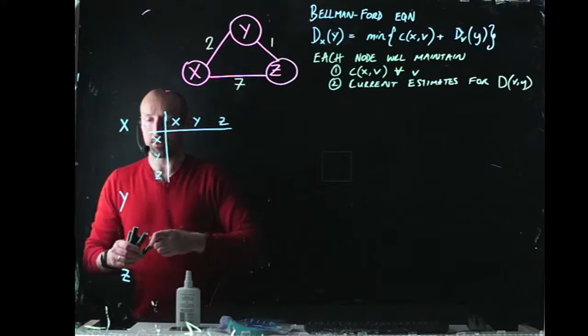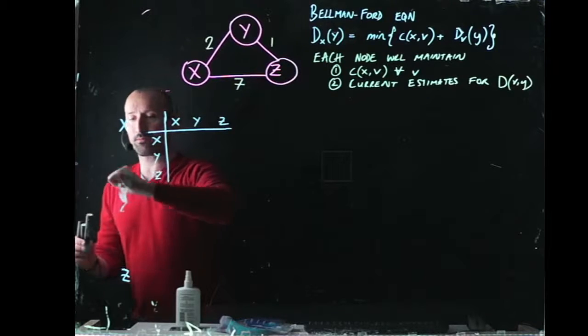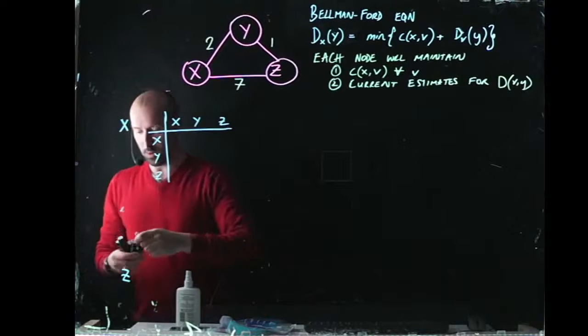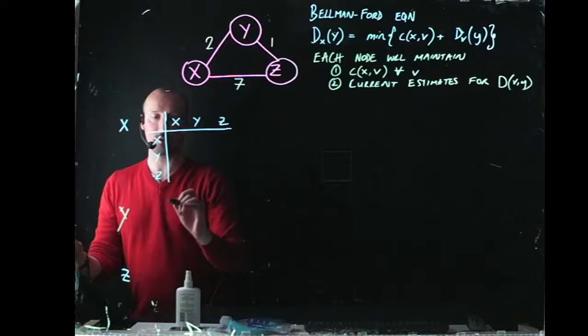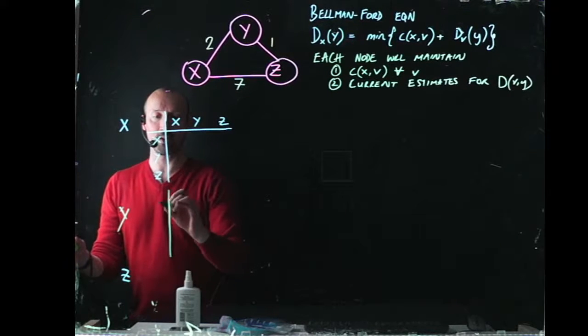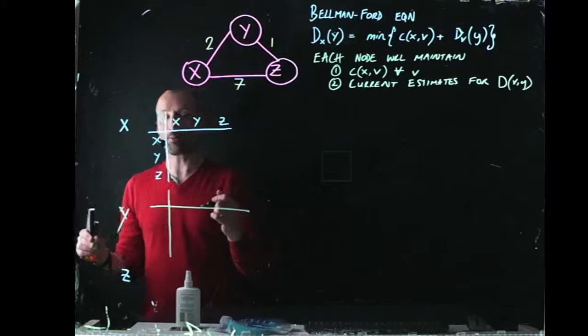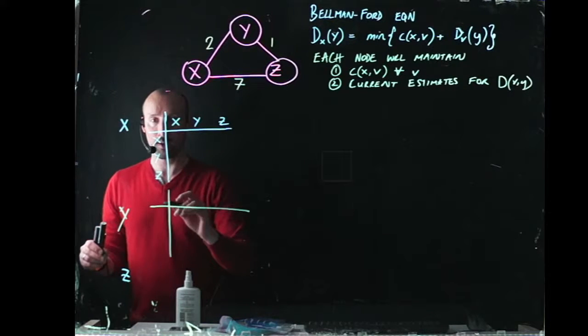For y, I might do this one in a different color just to distinguish it. So y here would look identical. So they all have a view of the graph, if you like.